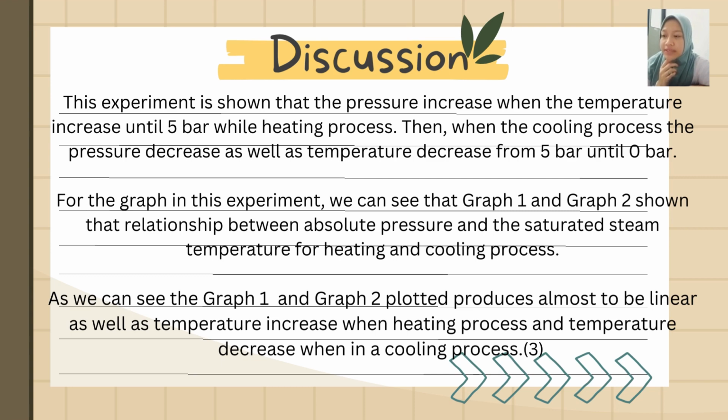For the graphs, we can see that Graph 1 and Graph 2 show the relationship between absolute pressure and the saturated steam temperature for the heating and cooling processes. The plotted graphs are almost linear, as temperature increases in the heating process and decreases in the cooling process.